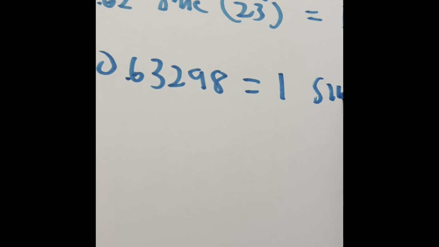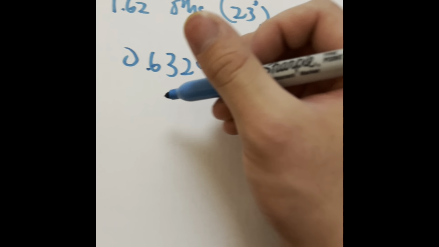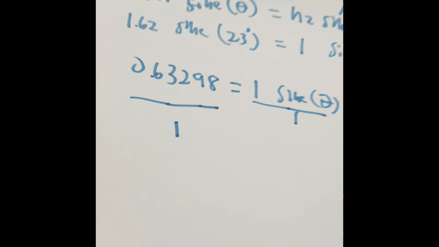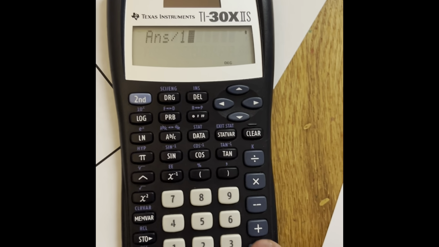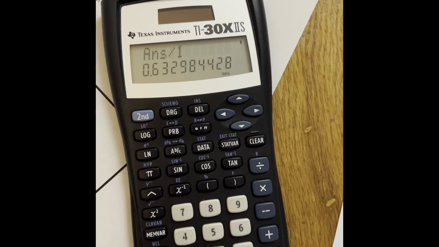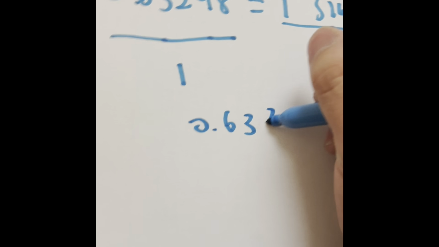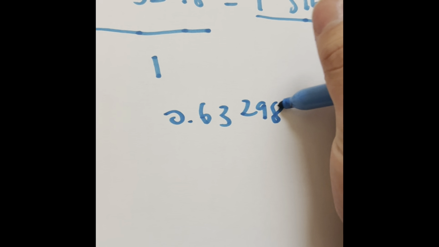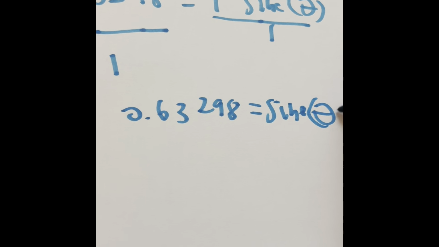1 sine of theta. Divide by 1, divide by 1. Yeah, the same thing pretty much. 0.63298 equals the sine of theta.